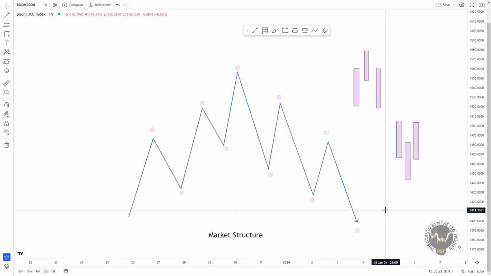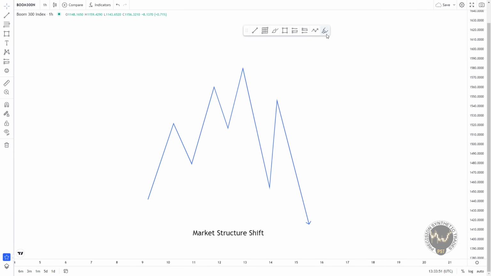Alright, let's go to the next step, market structure shift. When we have our price action, we mark out our high, low, high, low, high, low, high, low. As you can see, a high was created, this low took out this high, so it validates this low.